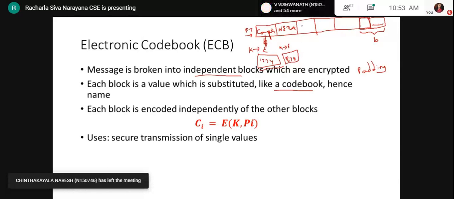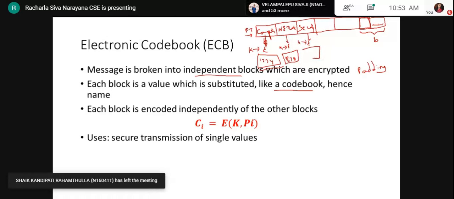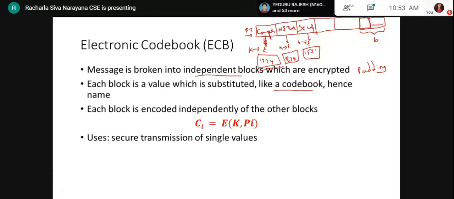Next we have security as plain text, and again we perform encryption with the key and get a ciphertext block, for example 1526.